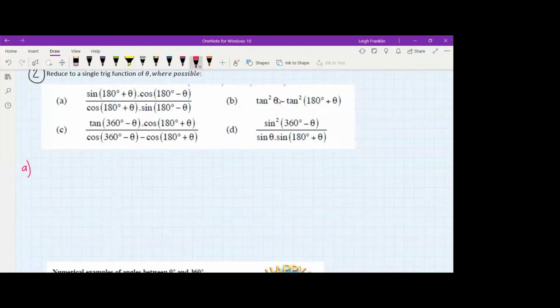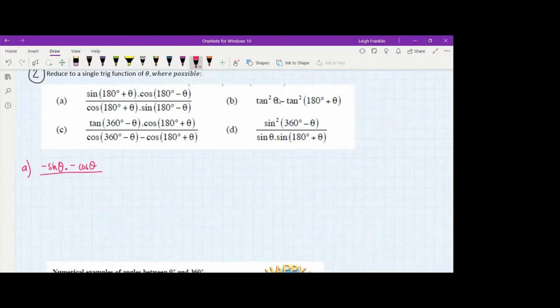Okay, so in question A, sine 180 plus theta reduces to negative sine theta, times cos 180 minus theta, which reduces to negative cos theta. Negative sine theta because 180 plus is quadrant 3, and negative cos theta, because 180 minus theta is quadrant number 2.